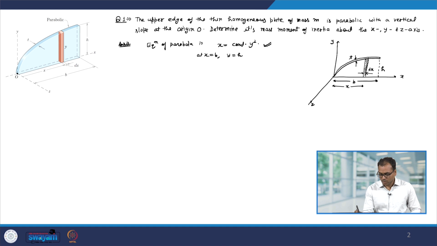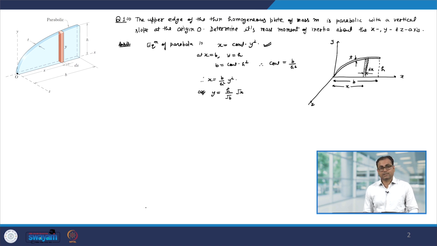Let us put it over here. So, we have b equal to constant into h square, and this gives that constant equal to b over h square. So, we get x equal to b over h square y square, or y equal to h over square root b times square root x. So, this is how y and x vary. Let us call it equation number 1.